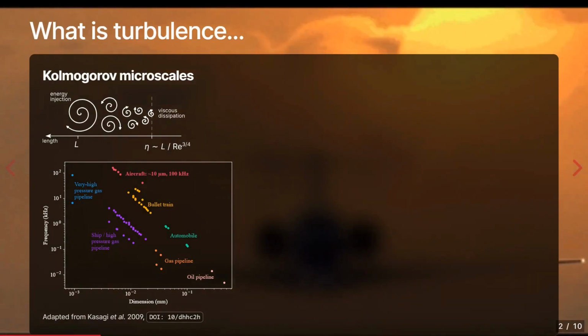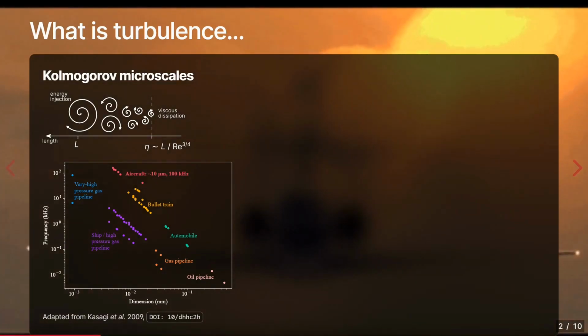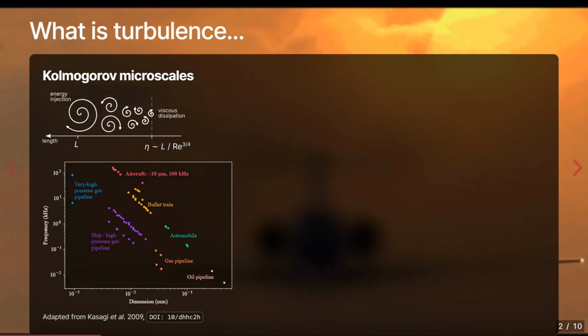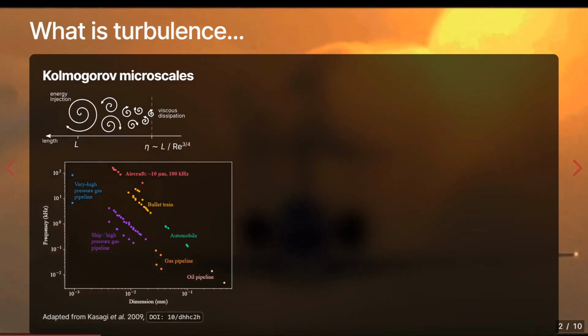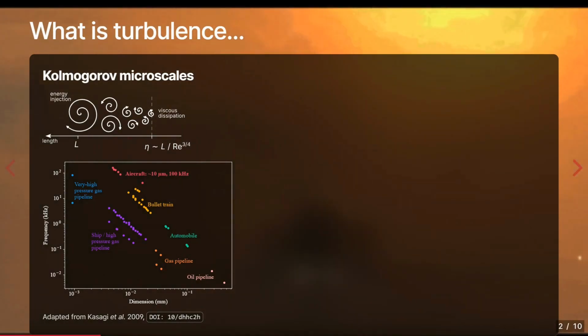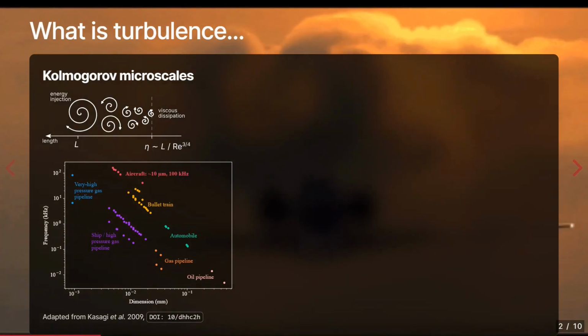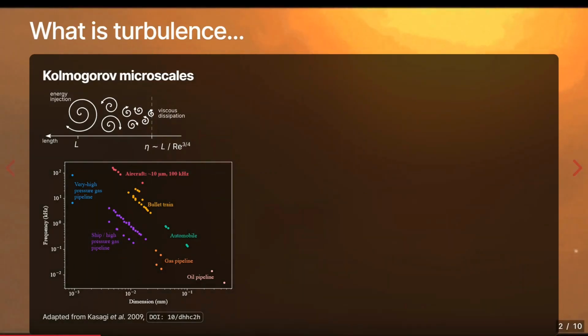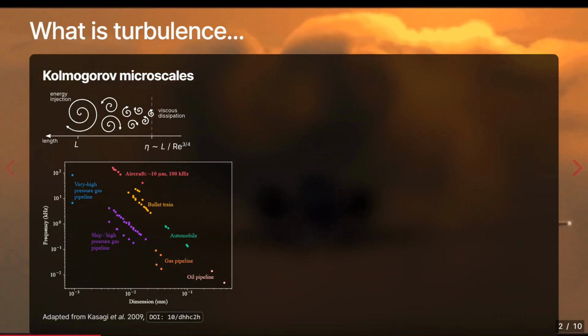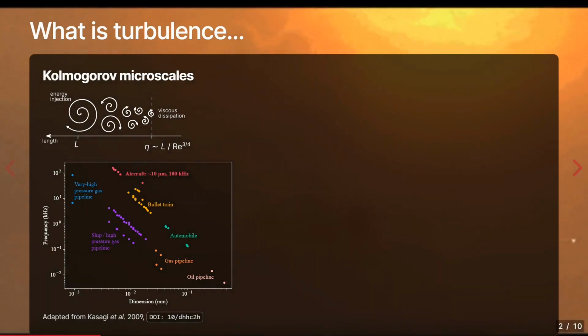There is also a Kolmogorov time scale, which means that the smaller an eddy is, the faster it will oscillate. So down here is an overview of the Kolmogorov time and space scales for different applications. So the faster the fluid will be, the smaller the turbulence will be, and the faster it will oscillate.